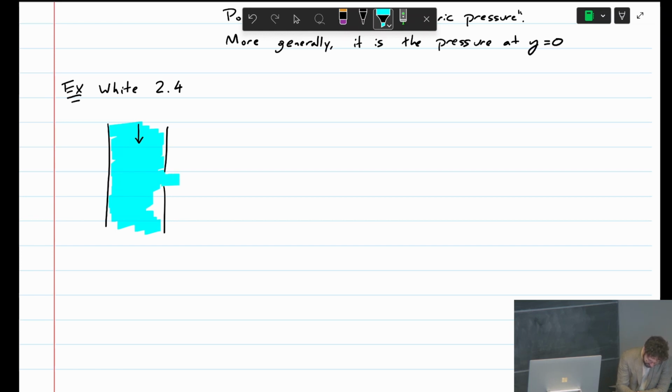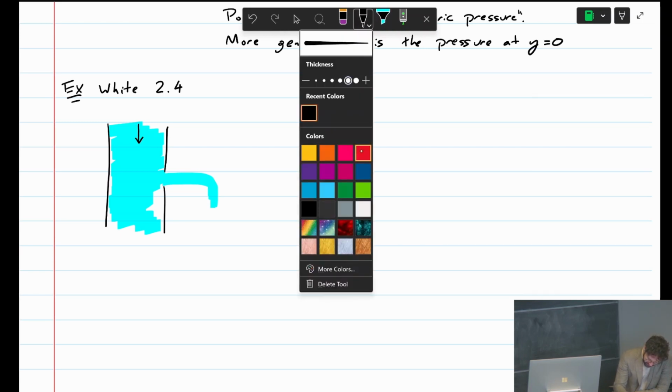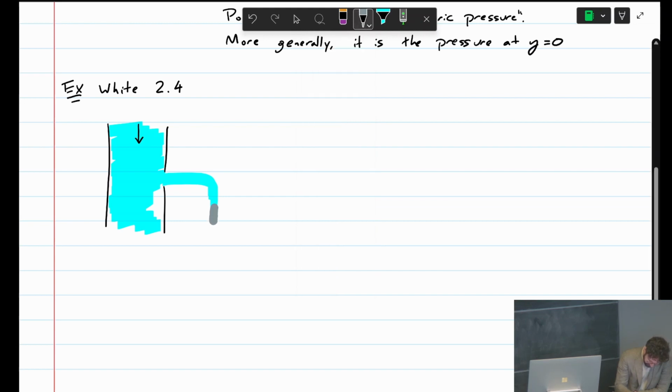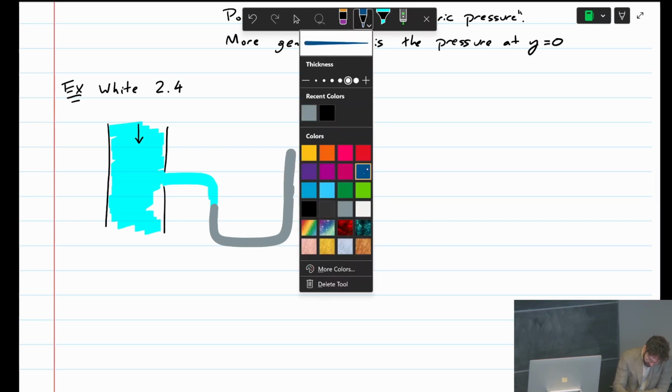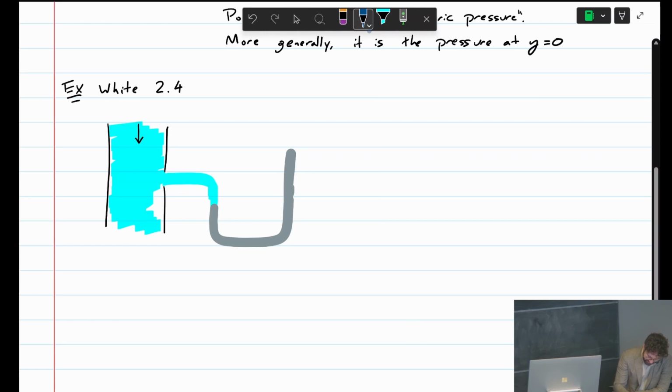And that blue fluid is connected to a pressure gauge through a series of tubes here. In case you hadn't guessed, this diagram is not to scale, but that's good.